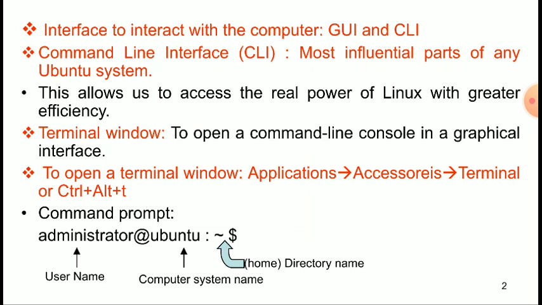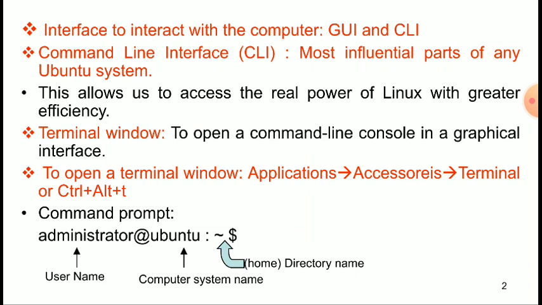First is GUI and second is CLI. GUI means graphical user interface, and CLI means command line interface. CLI is the most influential part of any Ubuntu system. This allows us to access the real power of Linux with greater efficiency.